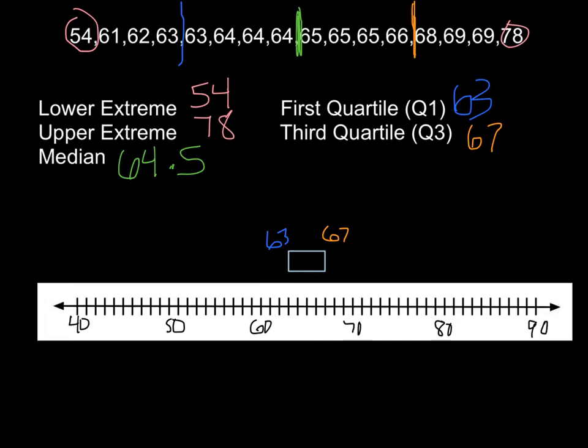Now the next thing that we're supposed to do is divide the box into two parts using the median as our guide. The median is 64.5. So I'm going to go here to the number line. This is 63, 64, 64.5. I'm going to draw a line that divides this box into two parts right here at 64.5.